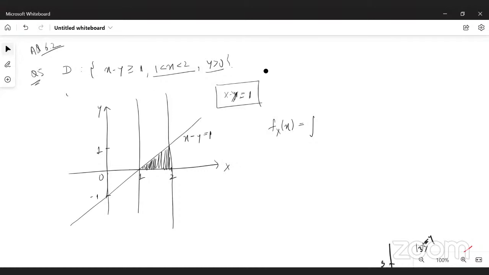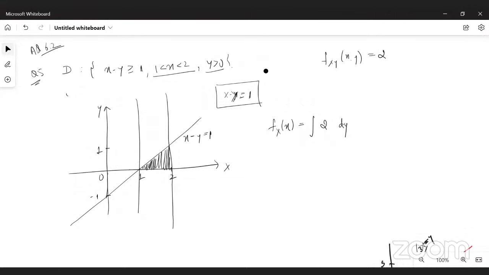The area is half. So the area comes out to be half into base into 1, so fxy will become 2. Yeah, that was my first mistake. So 2 times dy.